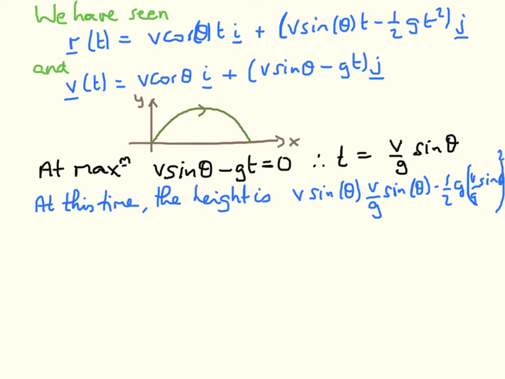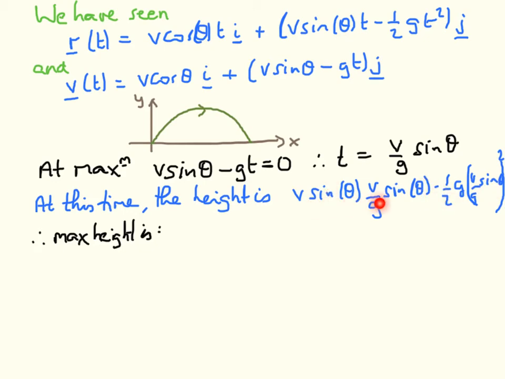So this tells us that the maximum height is, just tidying this up a little bit, so we have v times v over g, that's v squared over g, times sine is sine squared theta, and then here when we tidy this up we have v squared over g squared, but there's a g here, so that's going to give us v squared over g again, exactly the same, v squared over g, and then there's a sine squared again, just as we had here, and this comes with minus a half.